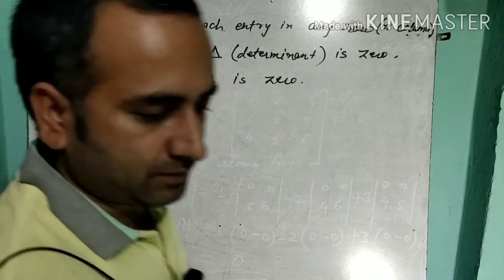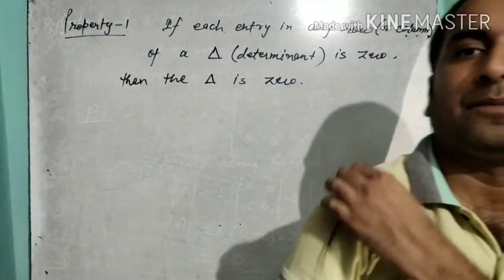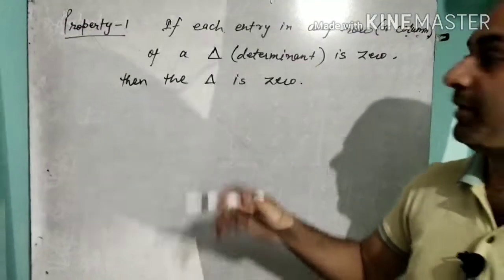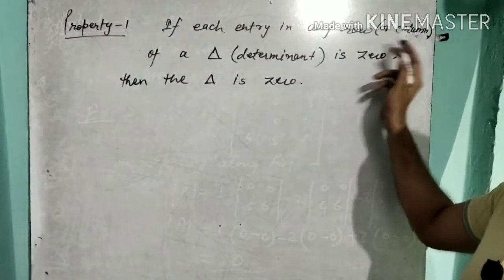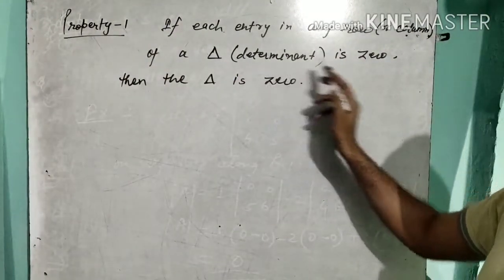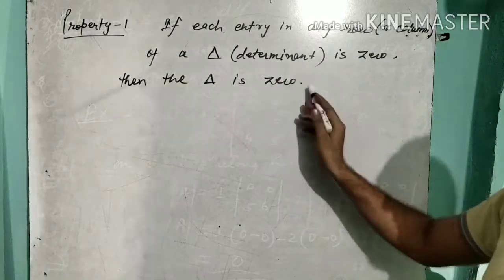I am talking about only a single row or column. This is the symbol of the determinant. I am repeating: if each entry in any row or column of a determinant is 0, then the determinant is 0.